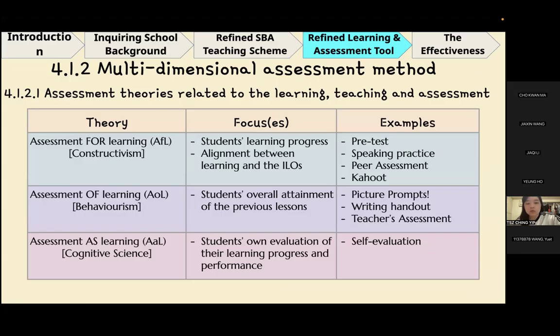And for assessment of learning, we try to focus on students' overall attainment of the previous lessons. Therefore, we provided them with picture prompts, writing handout, and teacher's assessment. And for assessment as learning, we focus on students' own evaluation of their learning progress and performance, and therefore we provide some self-evaluation activity for them.